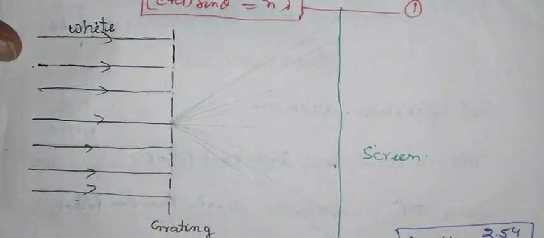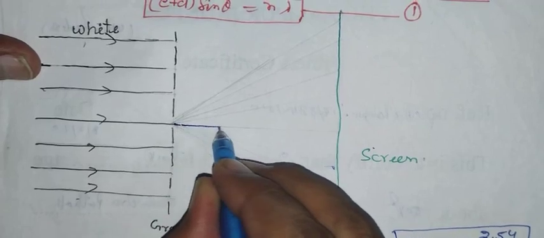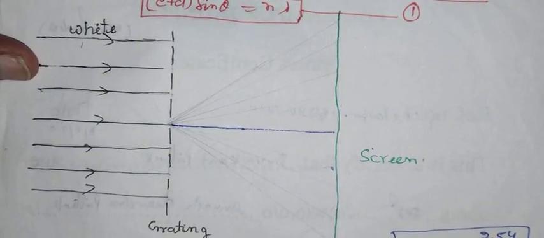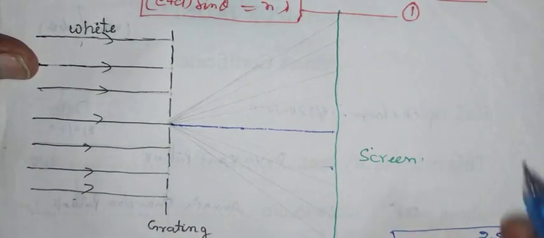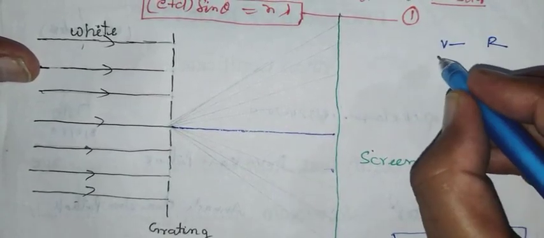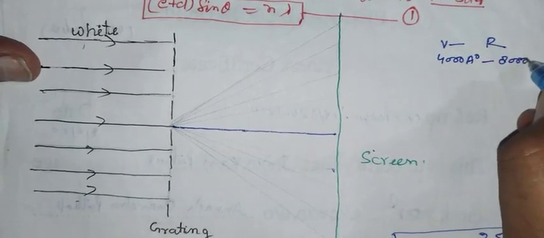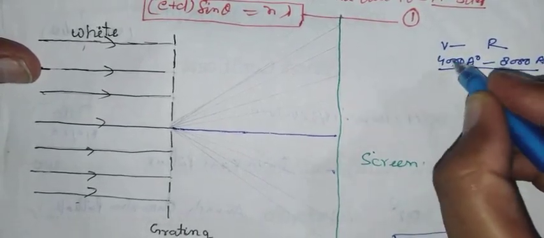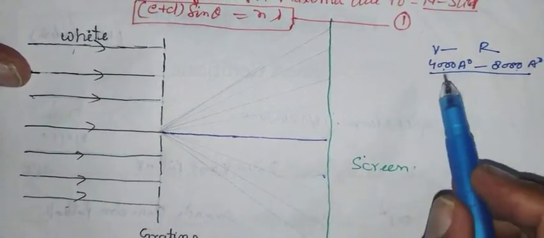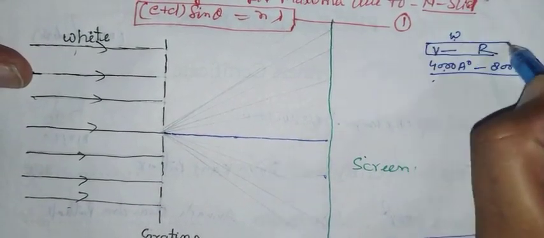See carefully here in the diagram on the screen, straight here, for all colors. We know in white light it is violet to red, and the wavelength range is from 4000 angstrom for violet to 8000 angstrom for red.